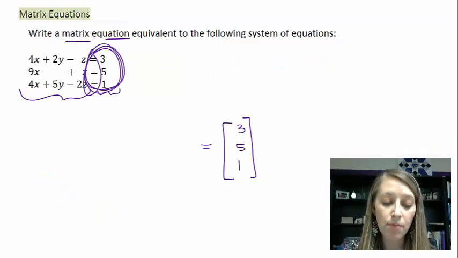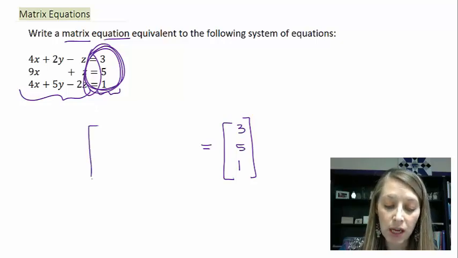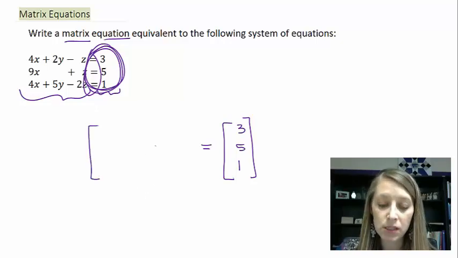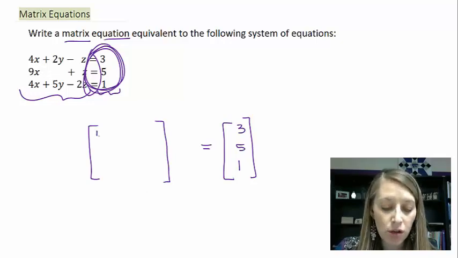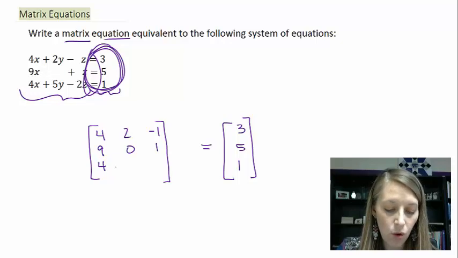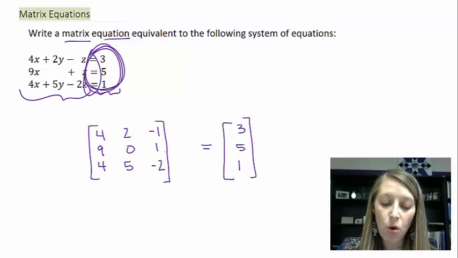Okay, now let's look at my coefficients. Just like we did when we put it into the augmented matrix, all we did was look at the numbers in front. So this would be 4, 2, negative 1, 9, 0, 1, 4, 5, negative 2. So I have my coefficients.